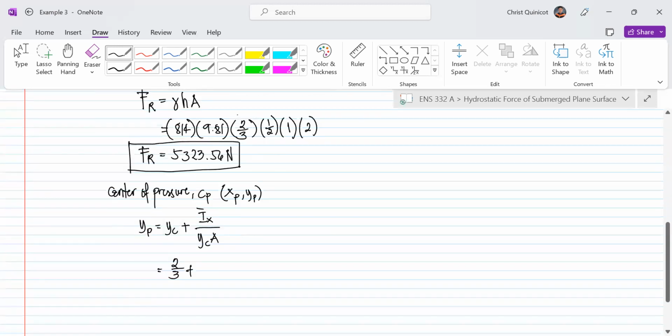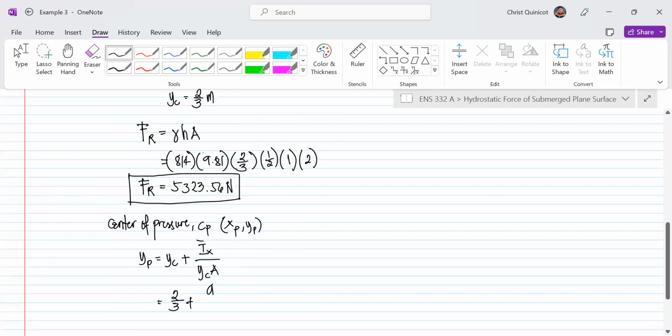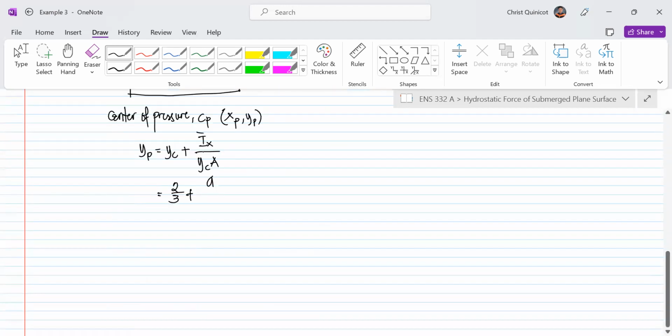So a cube b, where a is 2. Let us substitute that here: 2 cube times 1 divided by 36, all over 2/3 times the area, which is 1/2 base times height.